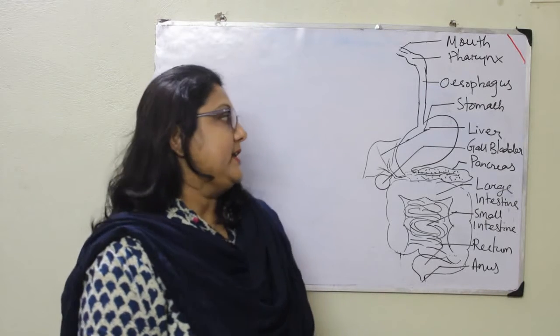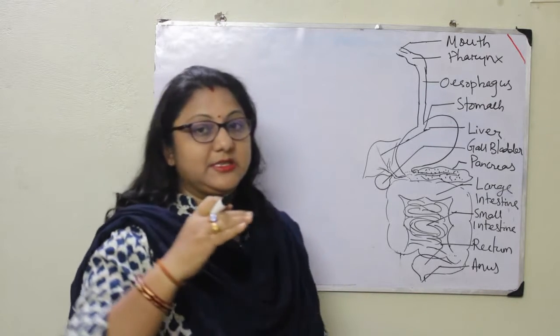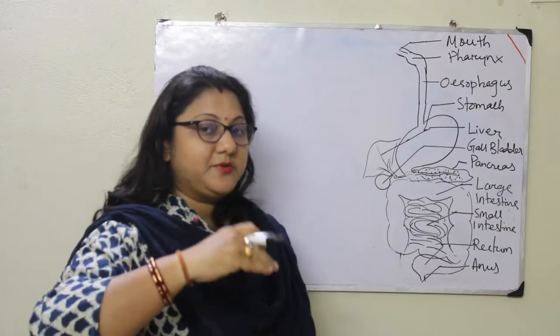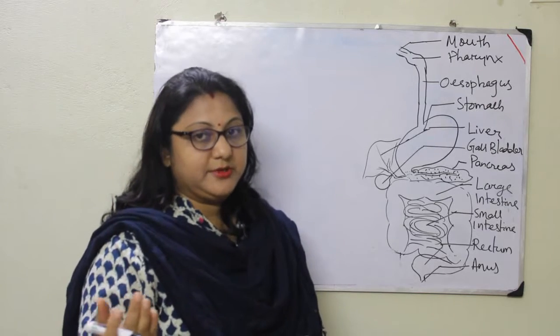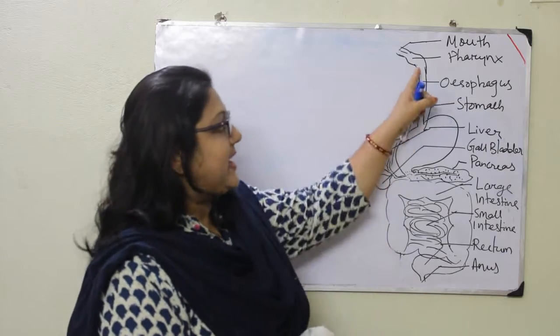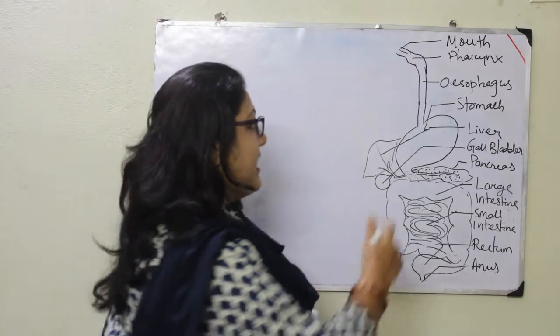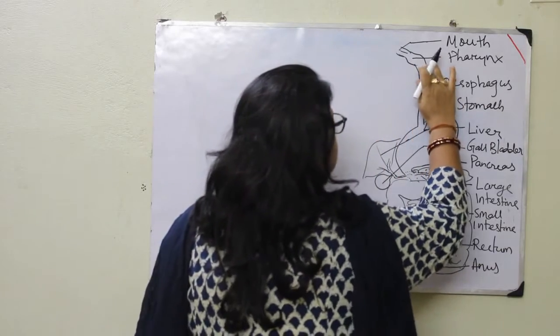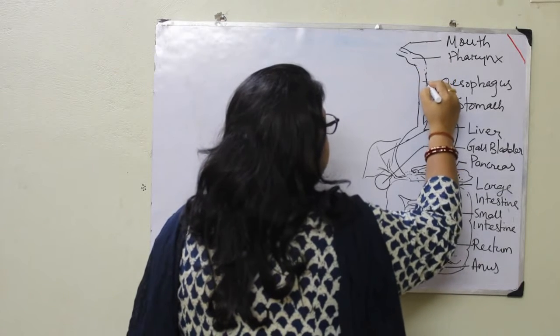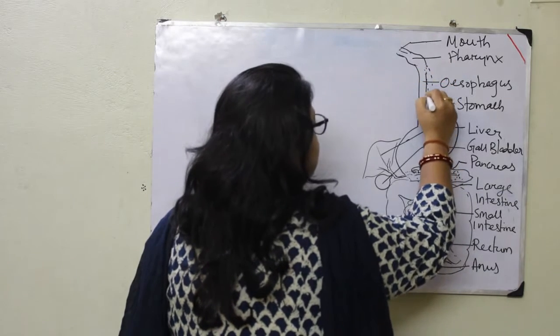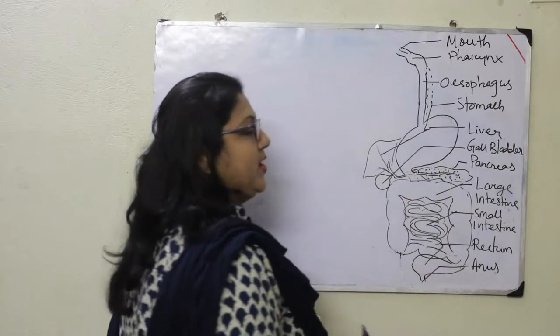Clear? Okay. So here what happens, there is a valve between the two tubes, right? As the pharynx is a common passage, and from here we can just imagine another tube is also running as the windpipe. Okay.